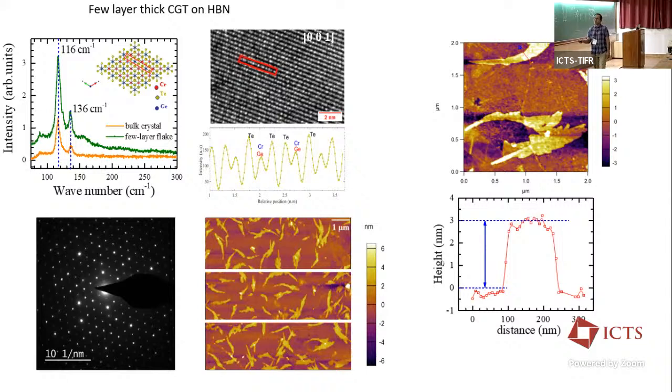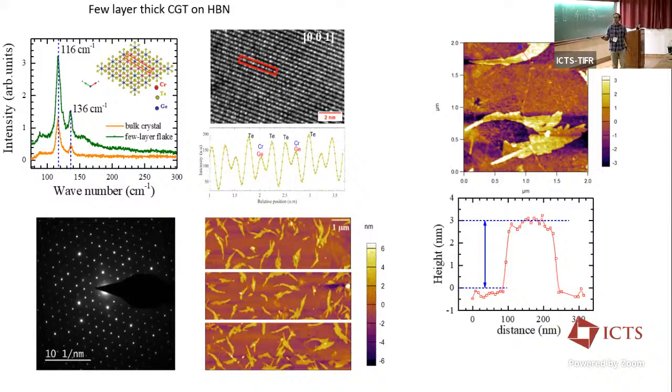This is an AFM image which measures the thickness of these flakes, and we got very uniform flakes distributed across the HBN layer. So all of them have a height variation of around 2 to 3 angstroms, and that is typically associated with at least 2 bilayers of CGT.